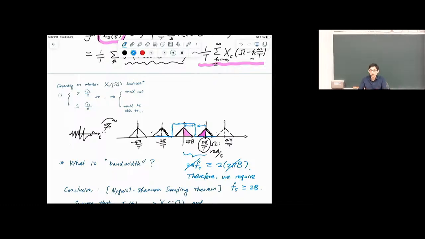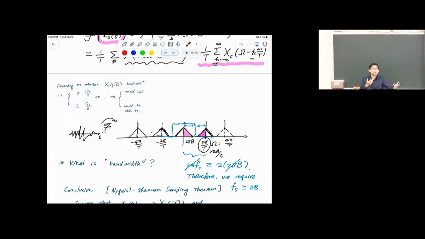This is why, to summarize, to conclude, this is the requirement or the recommendation. We recommend setting our sampling frequency at least 2 times the bandwidth, so that even after sampling, there will be no overlap between spectral components.